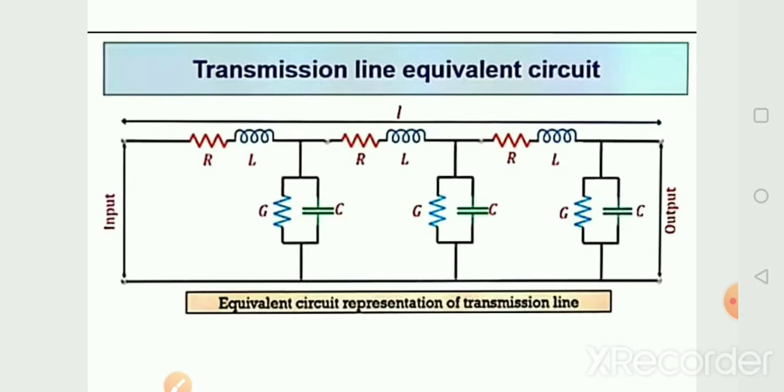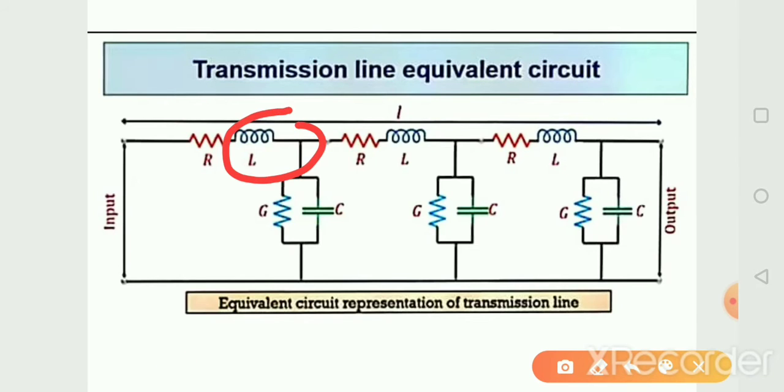Now second, here we have an inductor. Why? Because when a current is flowing in the conductor, then around the conductor we get magnetic loops, and due to this a magnetic flux is generated around the conductor, and this flux leads to the inductance.